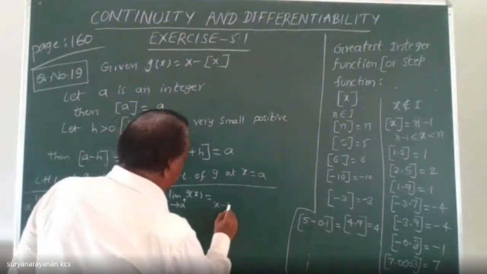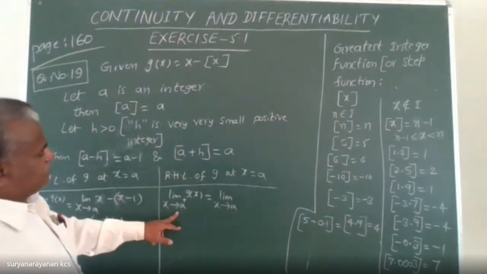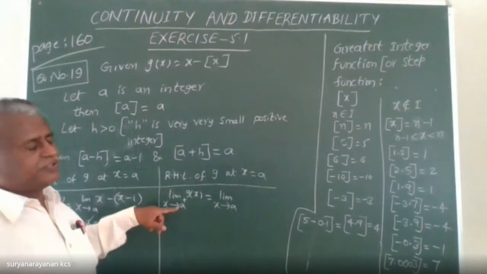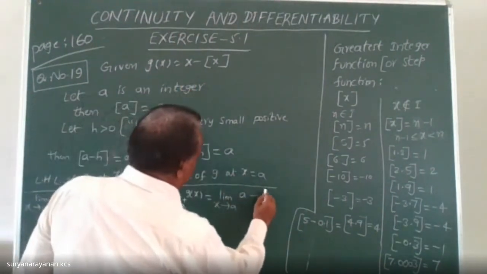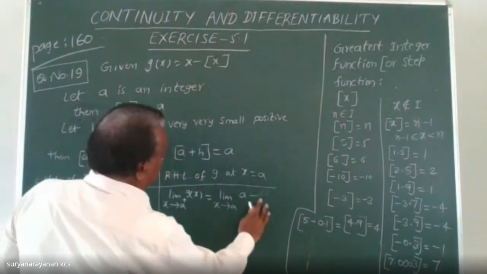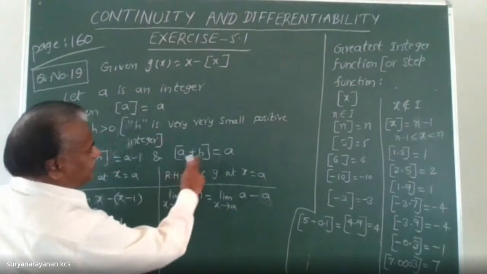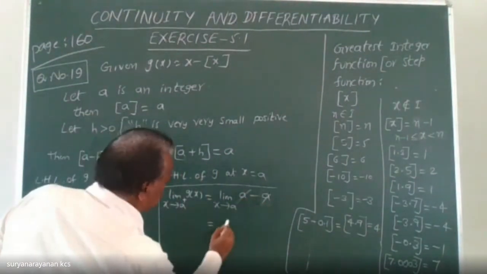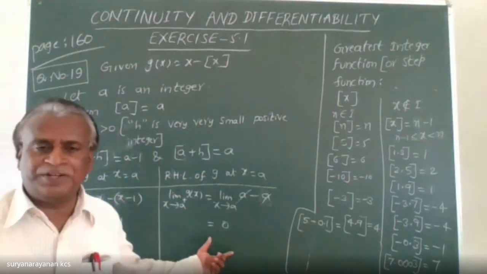So as x tends to a plus, means greater than a, x value is greater than a. So we write a minus of a plus, here a plus h. We have to take this value only. So a minus a, 0. So left hand limit is 1 and right hand limit is 0.